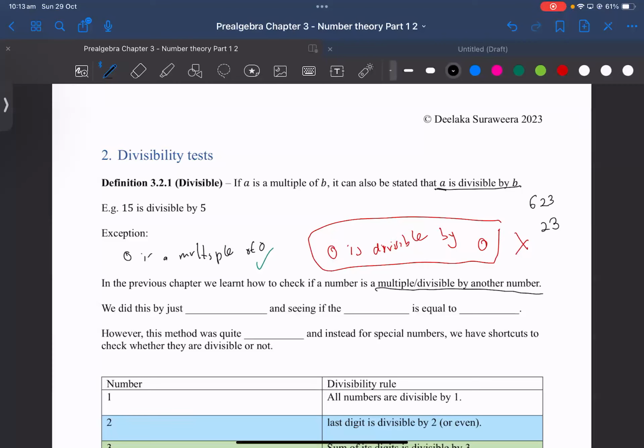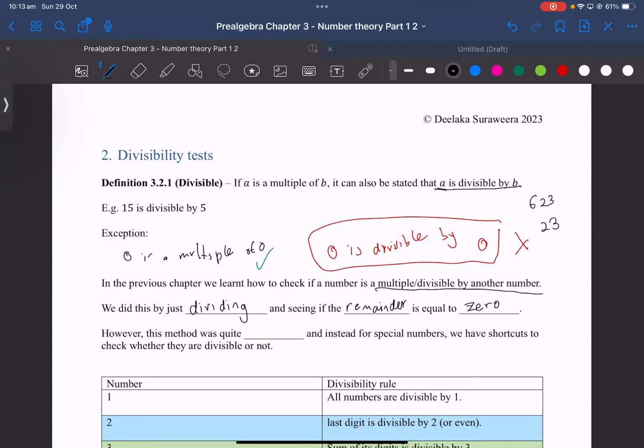We did this by dividing. And what do we check for? We check if the remainder is equal to 0. If the remainder is 0, it's a multiple. If not, it's not a multiple.